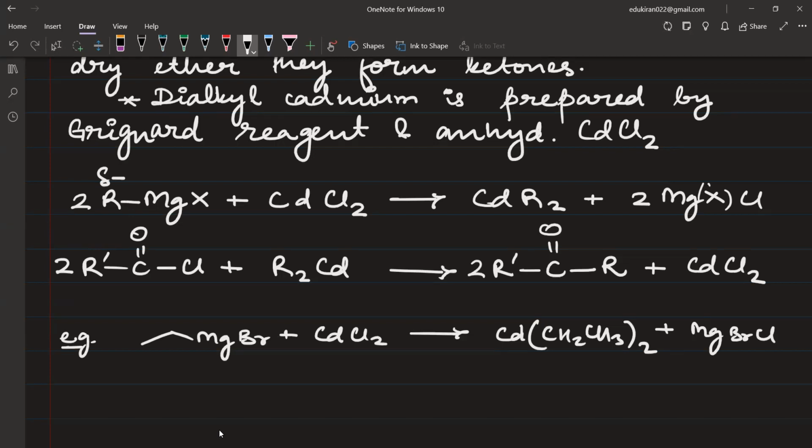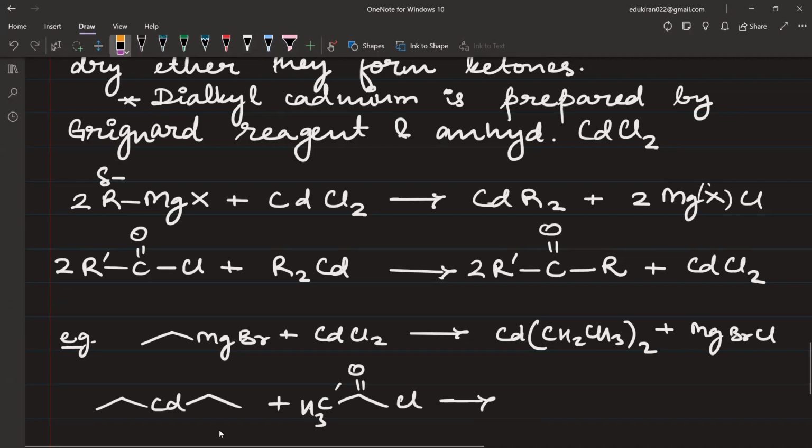Now you have this dialkyl cadmium, plus you take some R dash C double bond O Cl. No, don't write R dash, write CH3 for the specific example. What is going to happen? This alkyl group is going to attack onto this carbon, displacing this chlorine. So you'll get CH3, C double bond O, with 1 carbon here and the other carbon here.